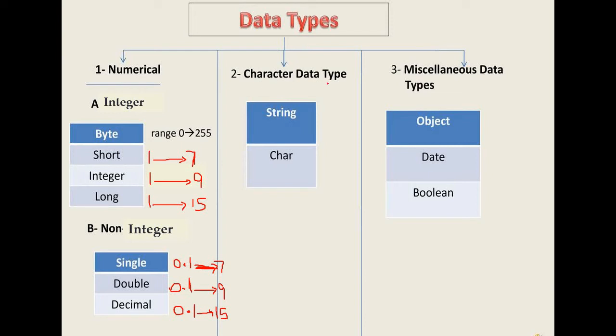What about the second data type? It is the character data type. So here the program allows the user to use... what about the string? String provides a text, like a name or address. So this is another type of data that the user can enter inside an object in the text box.